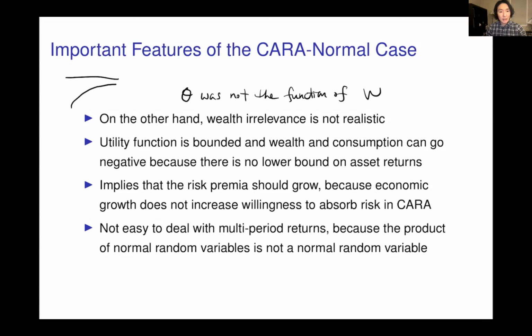And the last bad property of the CARA-Normal case is that it's not easy to deal with multi-period returns because the product of normal random variable is not a normal random variable. 무슨 말이냐면요. 멀티피리어드 리턴을 계산하려면 투 피리어드 리턴을 이렇게 곱해줘야 되잖아요. For example, return from t to t plus 2 equals return from t to t plus 1 times return from t plus 1 to t plus 2.